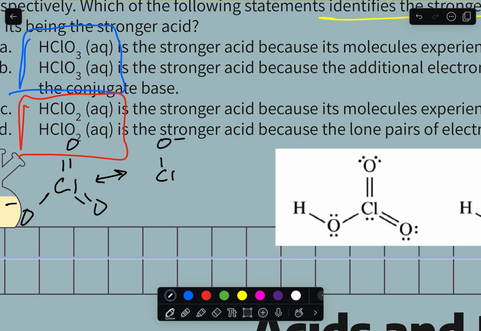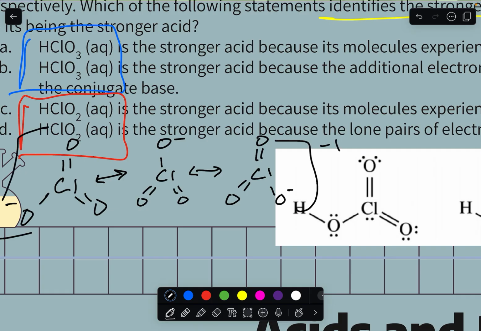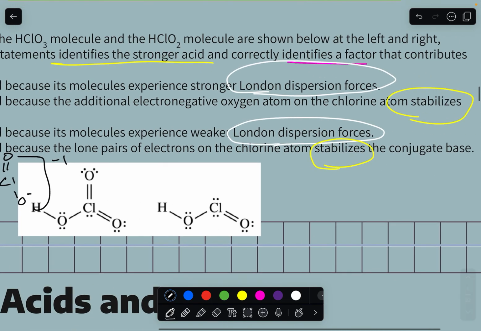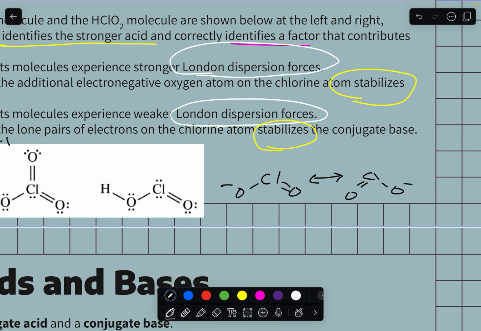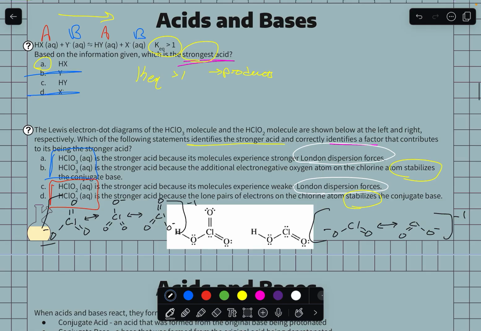That single bond can go to the top, or it can go to the bottom right. So we can get 3 resonance structures from this molecule. From the one on the right, if we lose that hydrogen, we can get 2 resonance structures. Okay, don't forget how to draw those resonance structures.